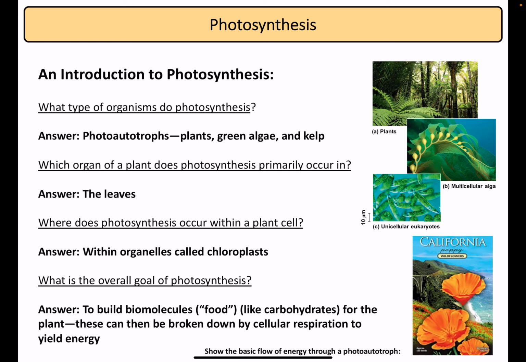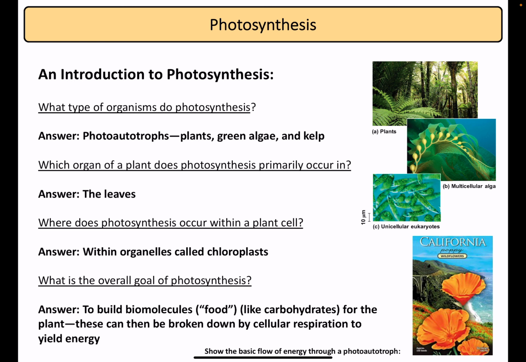Our next question is, specifically referring to plants, within which organ of a plant does photosynthesis primarily occur? The answer would be the leaves. So most of what we're going to be talking about here in this module is occurring inside a leaf.